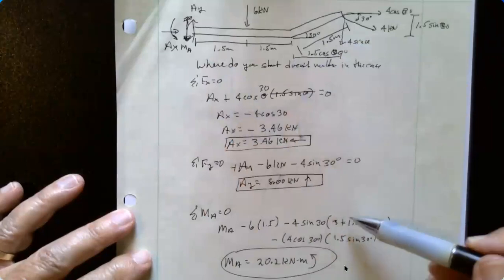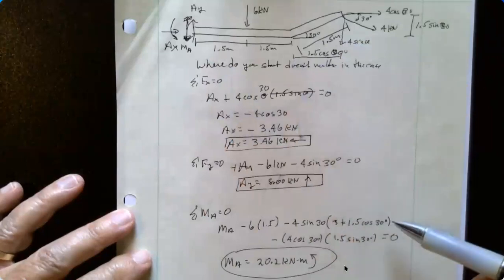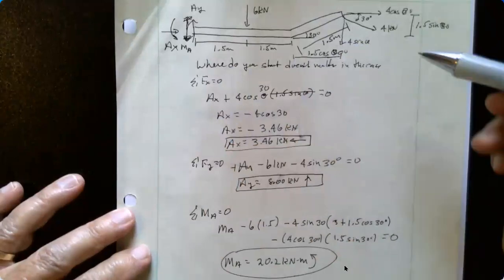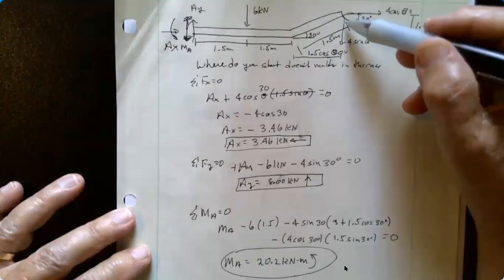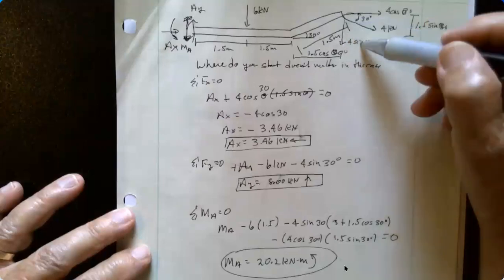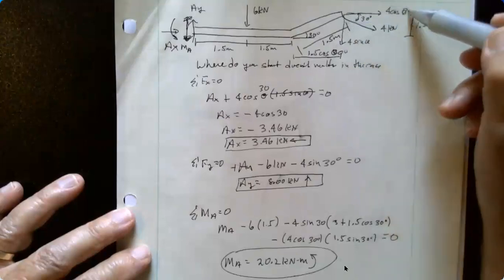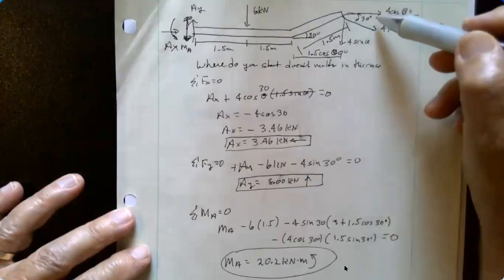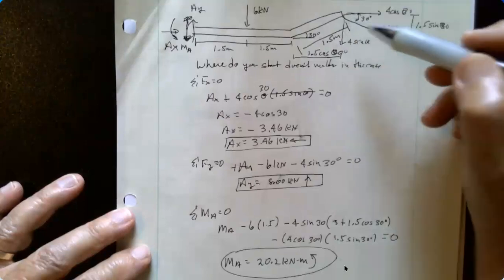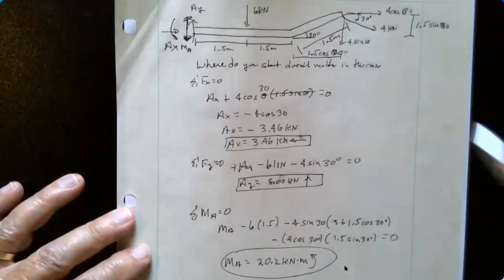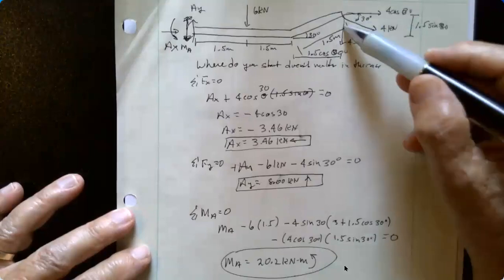So it's 3 plus 1.5 cosine of 30 degrees. And then the other force moment that I have is this one, the 4 cosine of theta, and its moment arm is going to be this distance that we have here. So 4 cosine of theta times 1.5 sine theta.